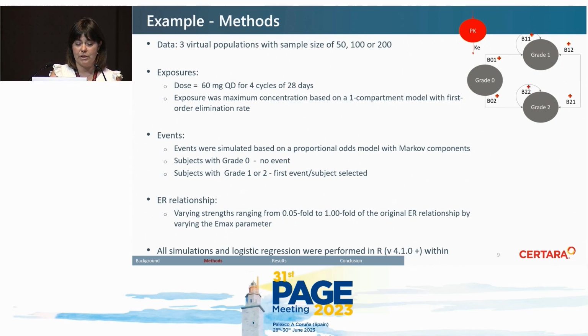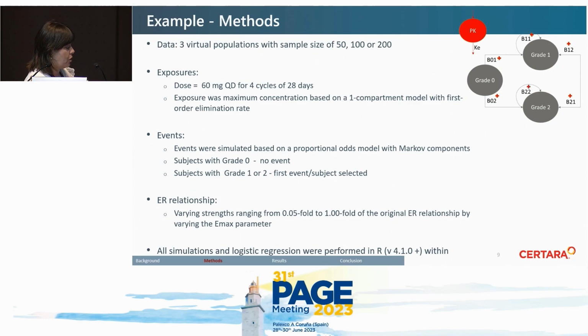The exposure in our case was the maximum concentration that was driving the effects, based on a 1-compartment model with first-order elimination. The events were simulated based on a proportional odds model with Markov components.